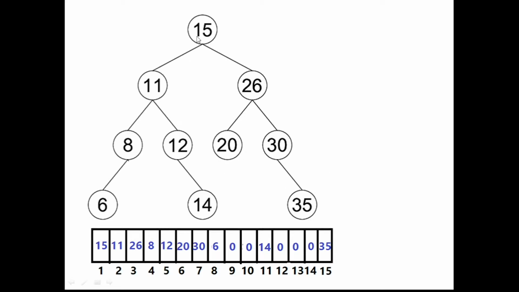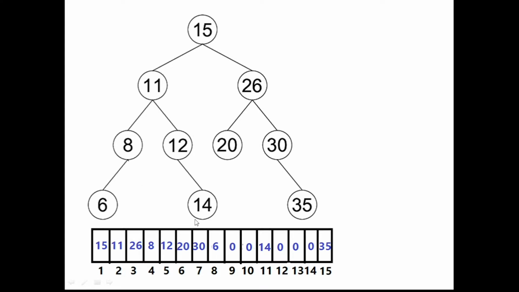So starting from the root 15, 11, 26, 8. Which means I am just going in this order: 15, 11, 26, 8, 12, 20, 30, 6, 4, 6, 15 and 35. And you should also note that wherever there is a missing child, I have put 0 in that place.